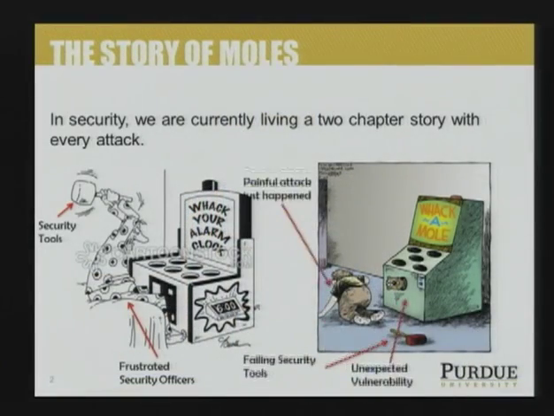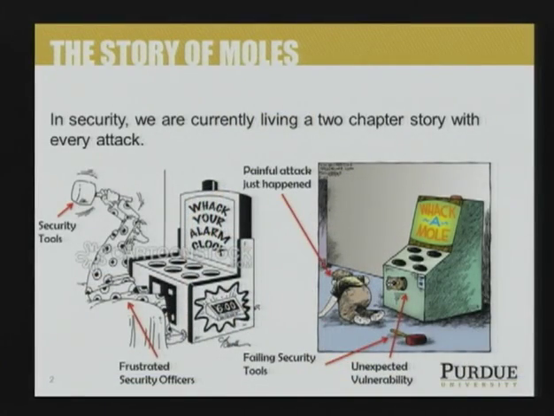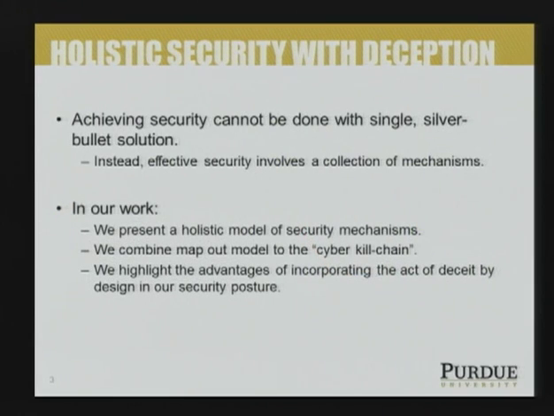Eventually something like this would happen: you would have a painful attack that comes from some place you're not paying attention to, a vulnerability you never thought of that hit you so hard your tools failed, and you are in a painful state with forensics analysis and all that kind of stuff. This more or less articulates the status quo in security. So we thought, security cannot be achieved with a single silver bullet solution.